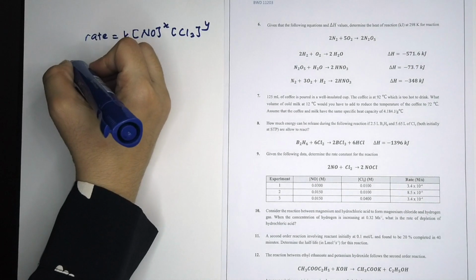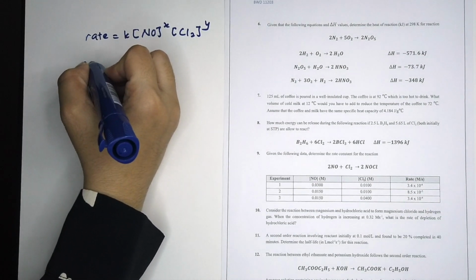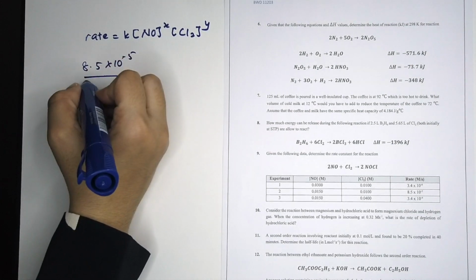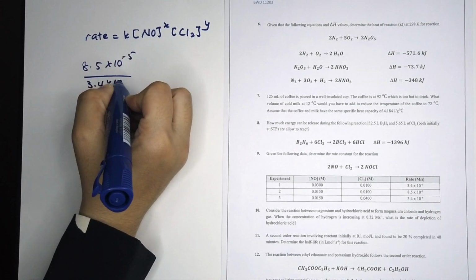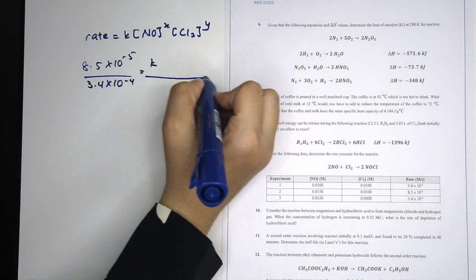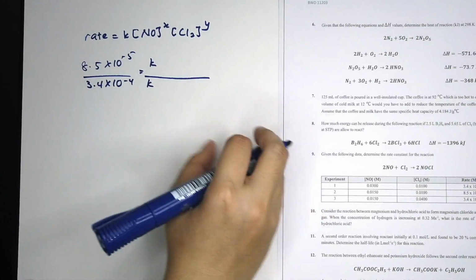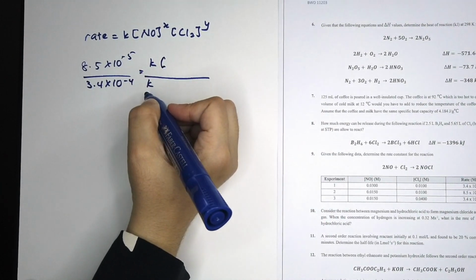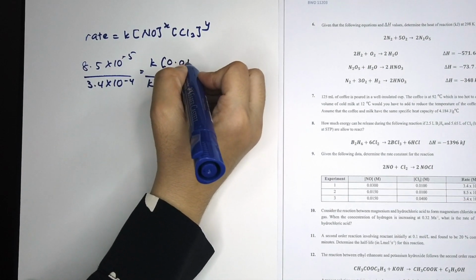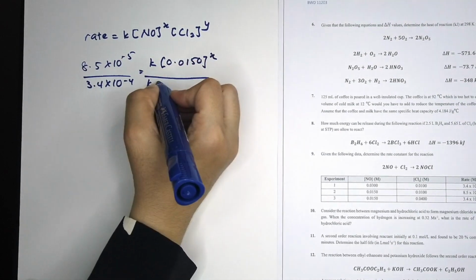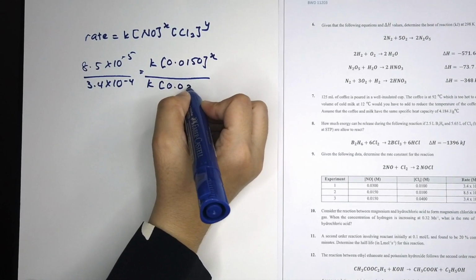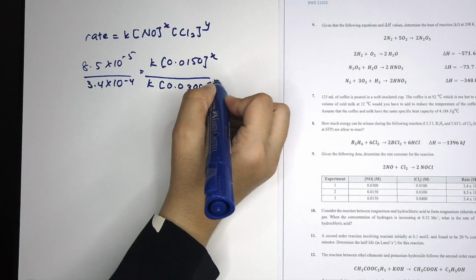Experiment number 2 divided by experiment number 1: 8.5 times 10 to the power of negative 5 divided by 3.4 times 10 to the power of negative 4 is equivalent to k over k, and the concentration of NO, 0.0150 to the power of x, divided by 0.0300 to the power of x.